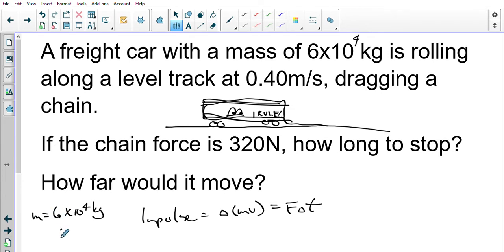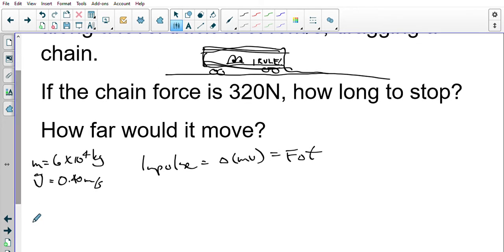We have 0.40 meters per second, that's a velocity. And we have a force that's equal to 320 newtons. And then they're asking, how long does it take to stop? Well, that tells me we have a final velocity that's equal to 0 meters per second.